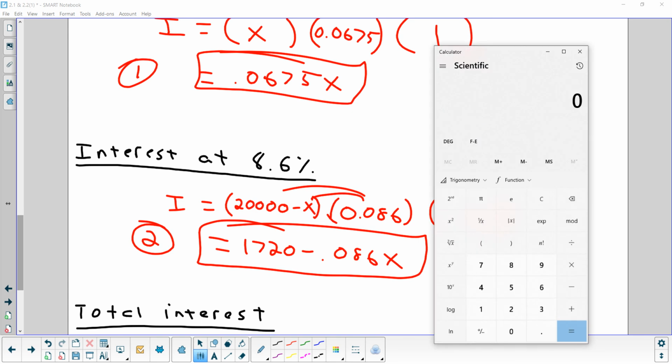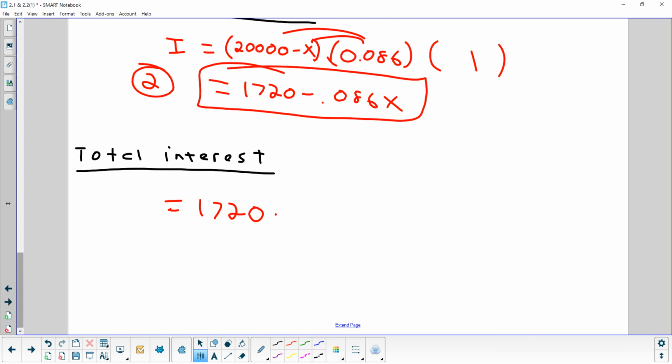So we got 0.0675 plus negative 0.086, which gives me negative 0.0185x. And if we want, because we are going to do something with graphing, we could write it like this.